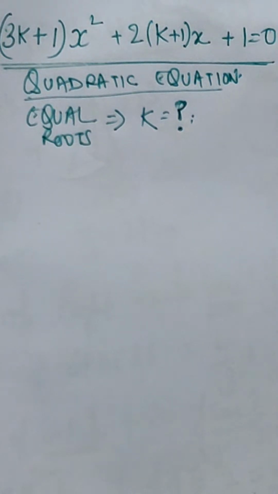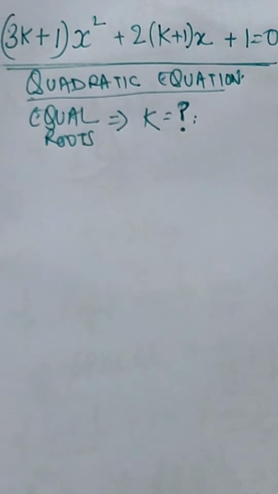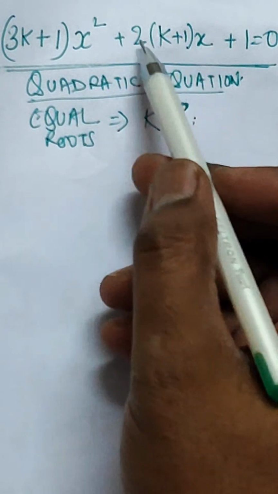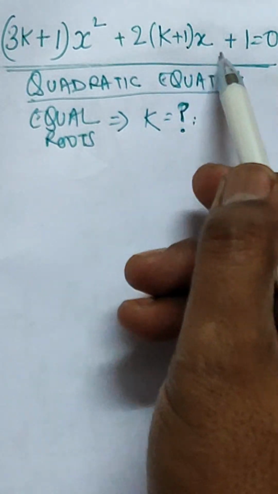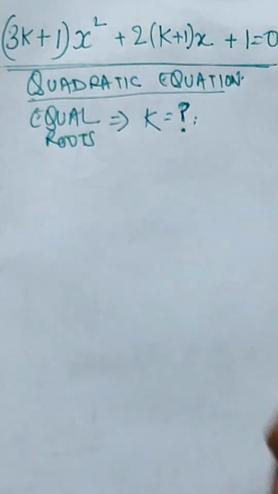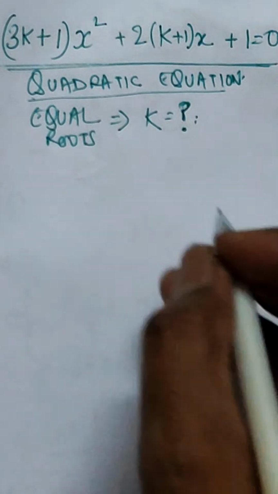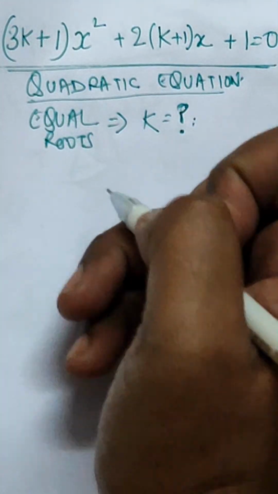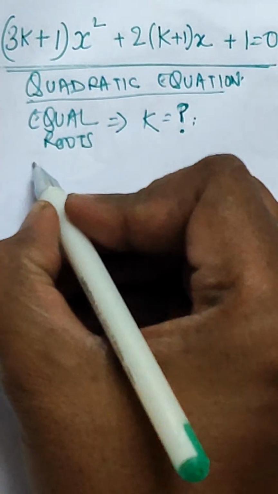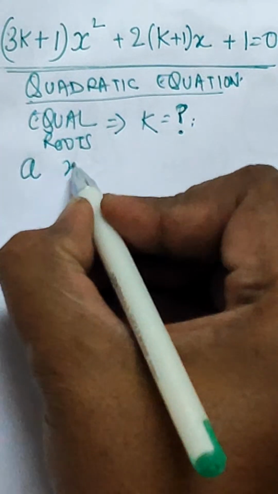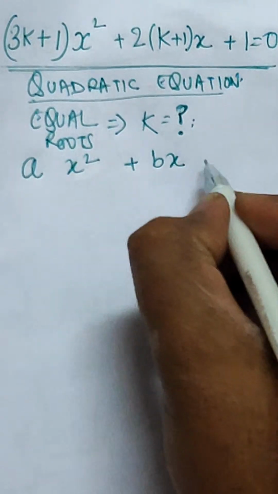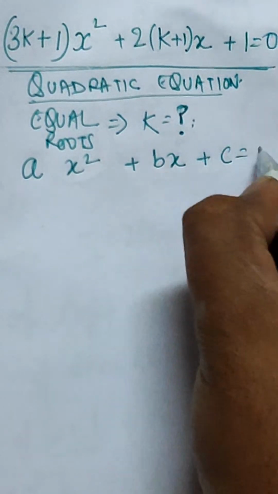Now (3k plus 1) times x square plus 2 times (k plus 1) times x plus 1 equal to 0. So students, you can see here, when you take the standard form of quadratic equation, it will be ax square plus bx plus c equal to 0.